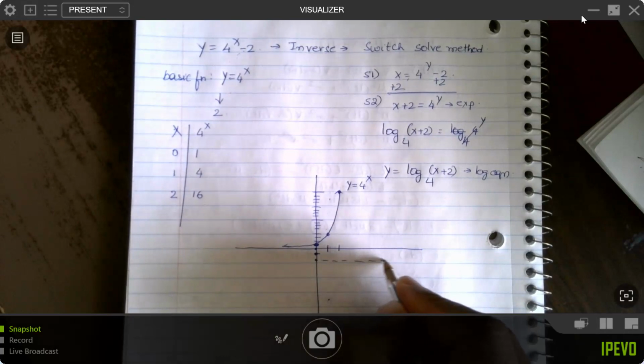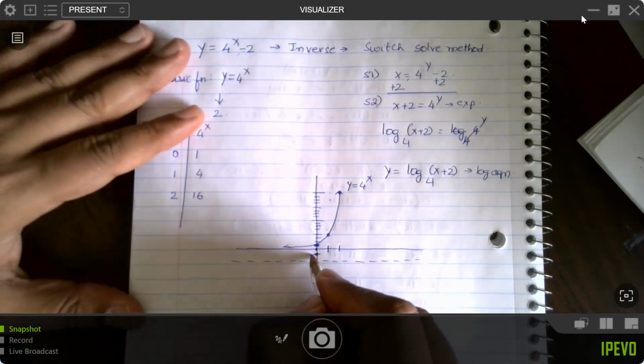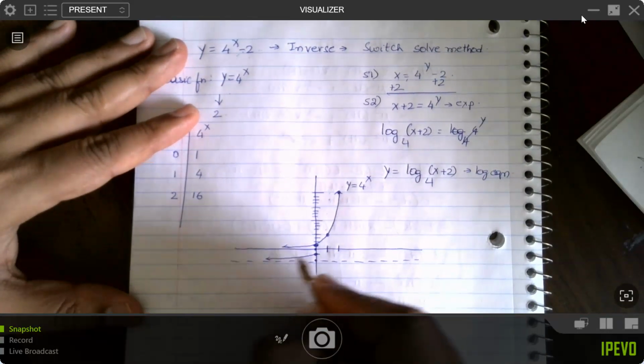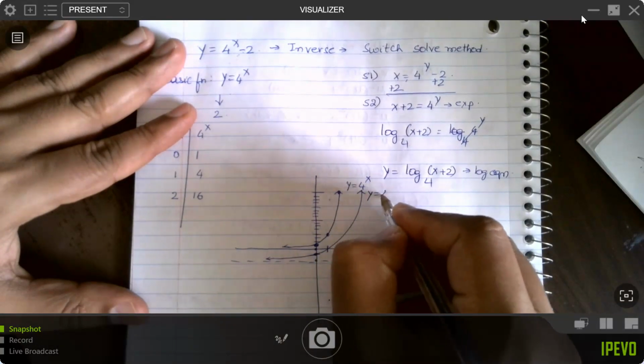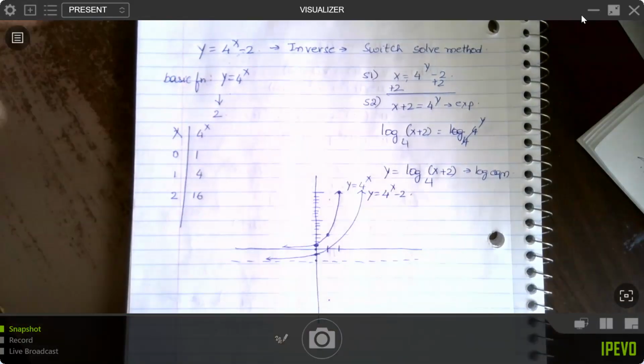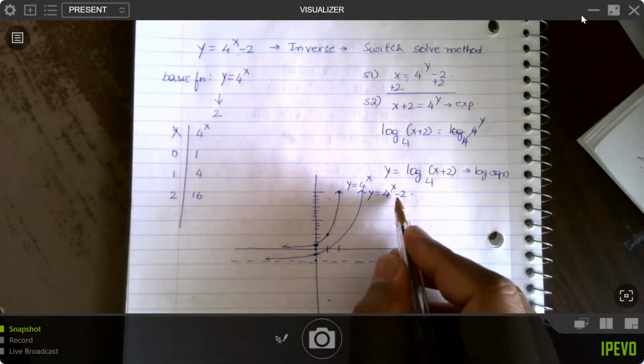So this is going to be your new horizontal asymptote. So when you graph this, you're going to get a function like this. So this is going to be y equals 4 to the x minus 2. Okay, so that's how you graph the function y equals 4 to the x minus 2 using transformation.